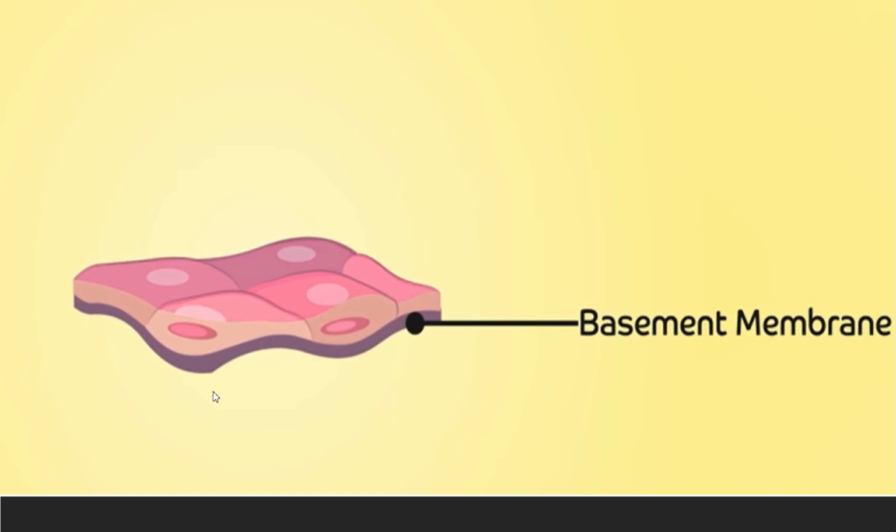It consists of collagen fibers and it is a non-cellular structure, meaning there are no cells present in this basement membrane. They are all made of fibers called collagen fibers. The basement membrane, apart from supporting, also helps to hold the cells together in a single straight line to form a uniform and consistent layer.